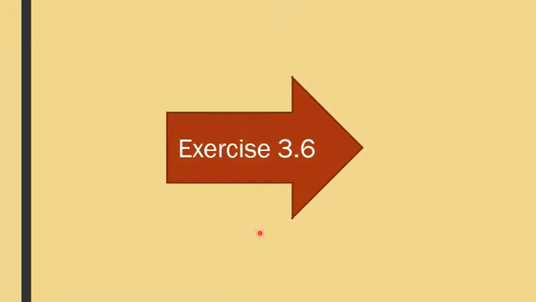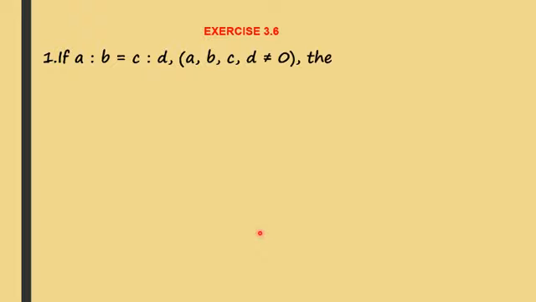Now we will move to exercise 3.6. Exercise number 3.6, question number 1. If a ratio b is equal to c ratio d, where a, b, c, d not equal to 0, then show that first part is (4a minus 9b) over (4a plus 9b) is equal to (4c minus 9d) over (4c plus 9d).